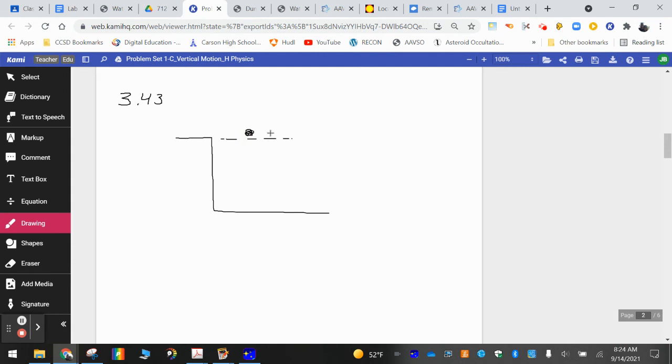Now this time, we're given that VOY, the initial velocity, is thrown straight down with a speed of 0.5 meters per second in this direction. And g is also acting in this direction, so they're in the same direction. So this will have a value of 9.8 meters per second squared.